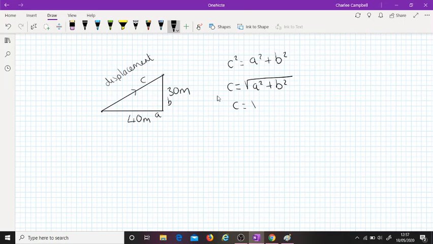If we put our numbers in, we've got 40 squared plus 30 squared gives us c. So that's the first part of working out the displacement. We just put that into our calculator: 40 squared plus 30 squared, and then all square rooted.